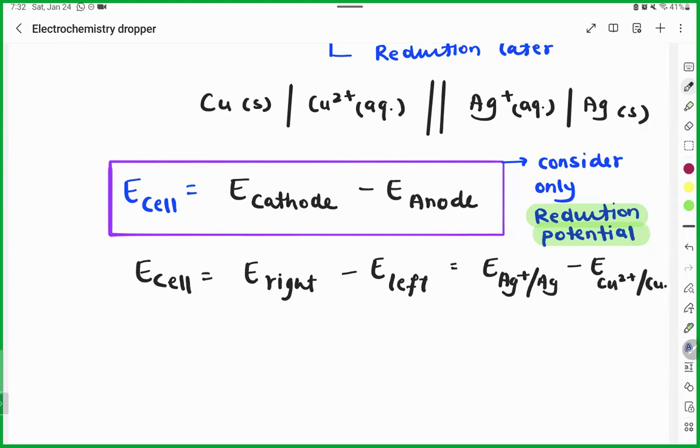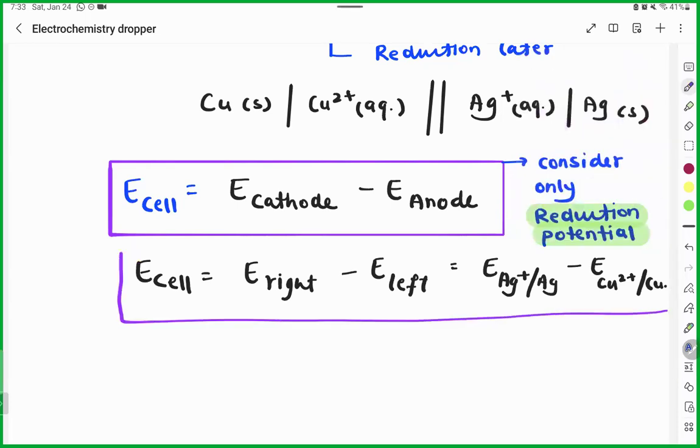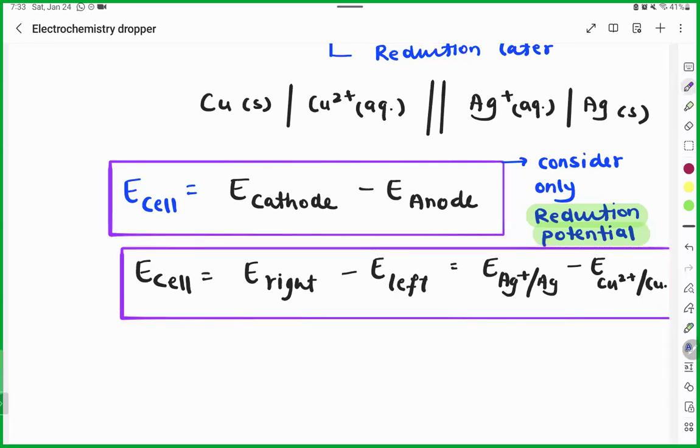Any doubt? Only reduction potential. In this whole chapter, think only about reduction potential, not about oxidation potential. If oxidation potential is given, convert it into reduction potential by taking a negative sign.